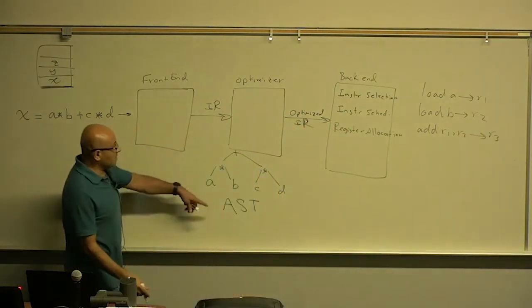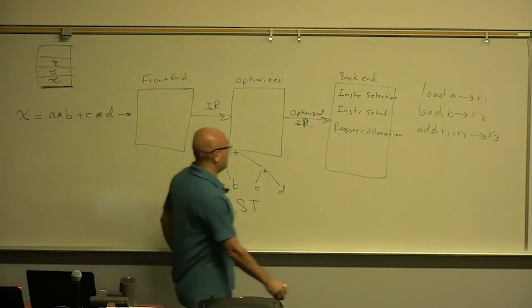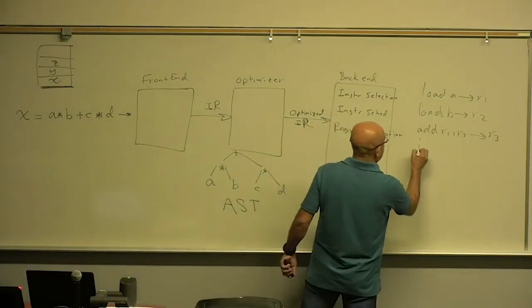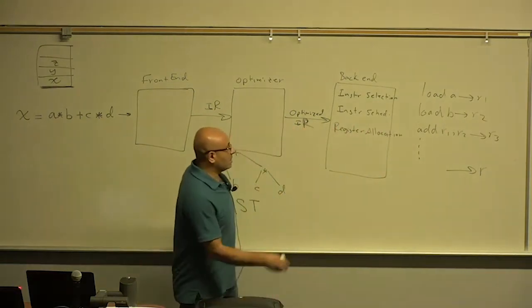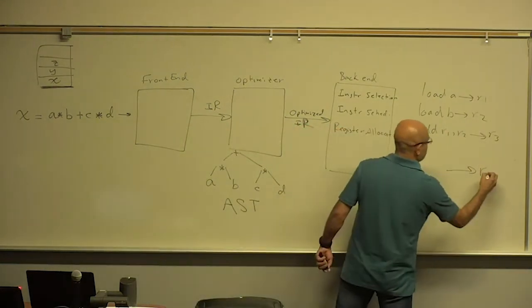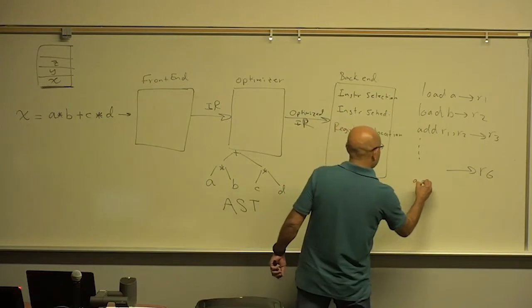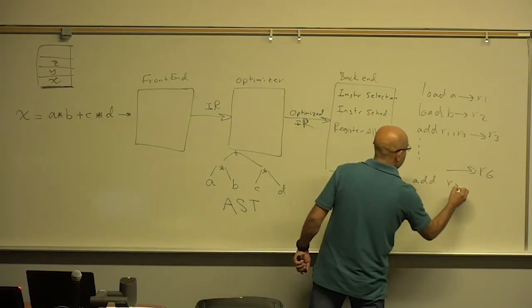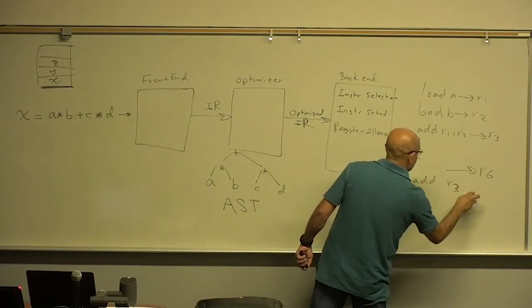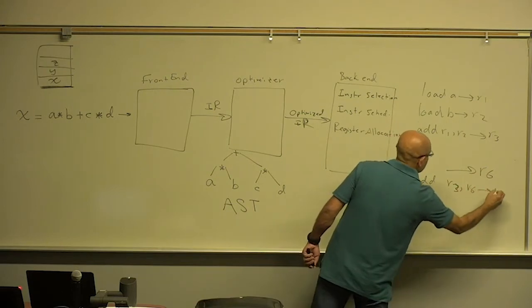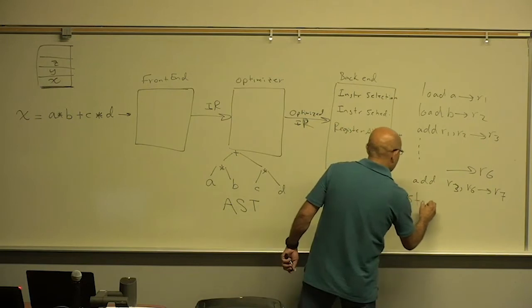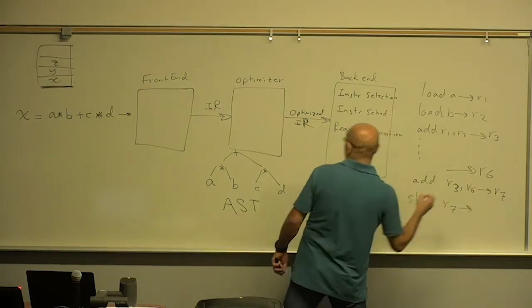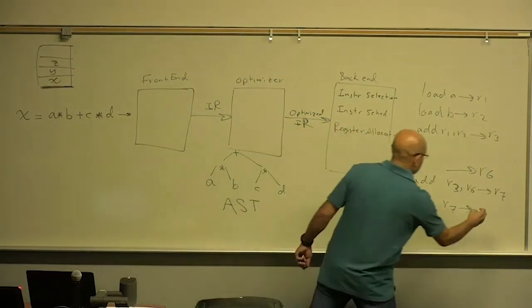Then you want to do the same thing with C and D, and the result will go into register R6. And then you will add registers R3 and R6, and you put the result into register R7, and then you store R7 back into X.